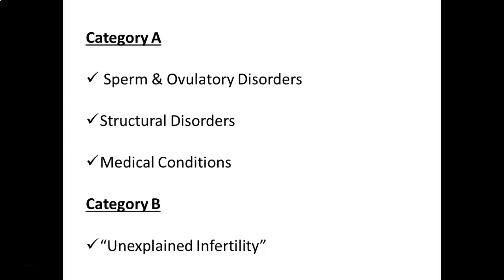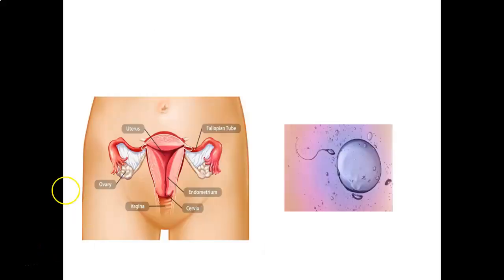That's exactly why we are talking about all of this. There are some problems that can happen, such that even if the egg is being released from here, what if there is a problem within this tube? That's when the fallopian tube is blocked. What if that happens?